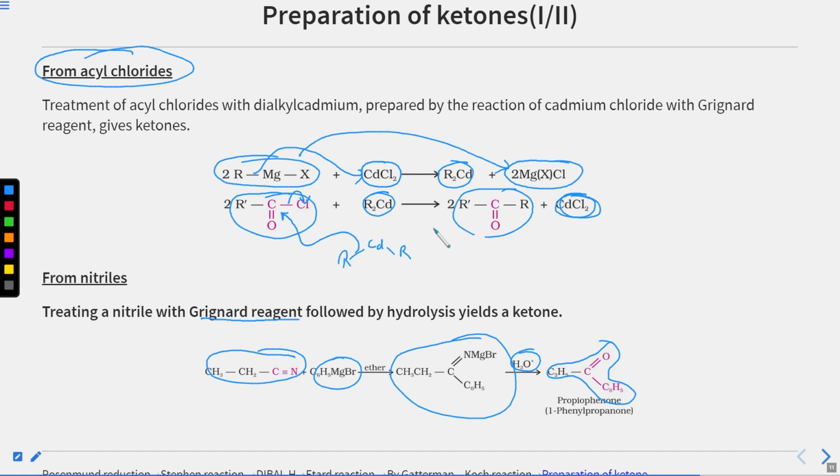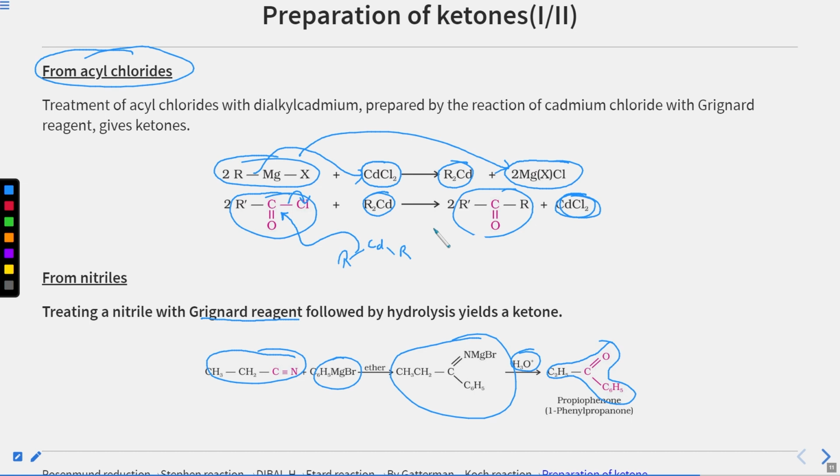Next is the Etard reaction, in which you treat chromyl chloride, CrO2Cl2, with toluene to give a chromium complex that is further hydrolyzed to the aldehyde.